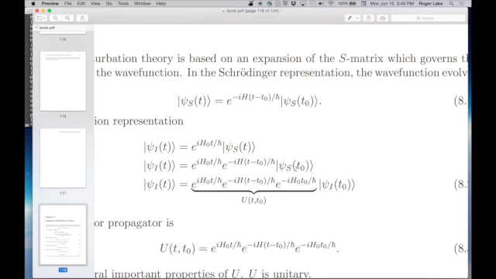So e to the plus iH0t0 times psi S gives me psi I. You see that? And this one just stays around. And so this is how psi I evolves with time, just starting from what we know with the Schrodinger and the transformation between psi I and psi S.